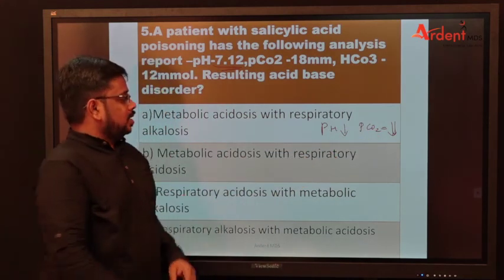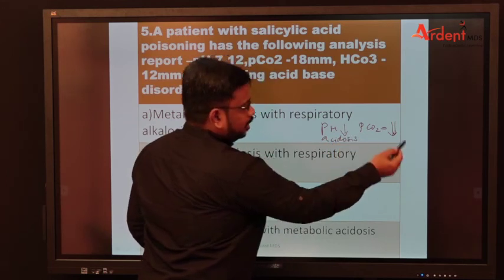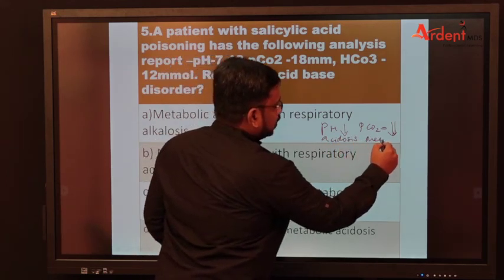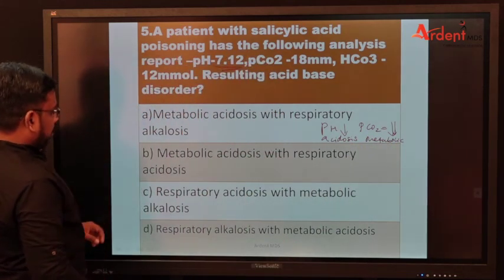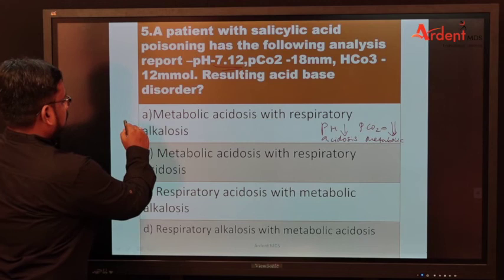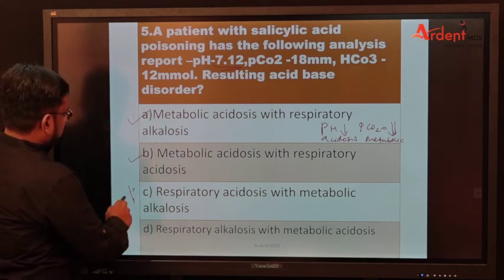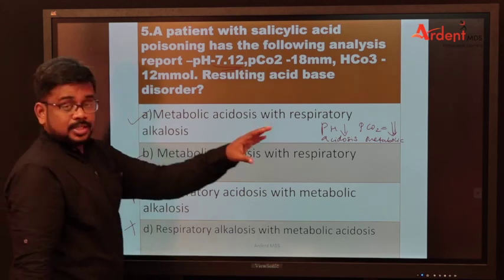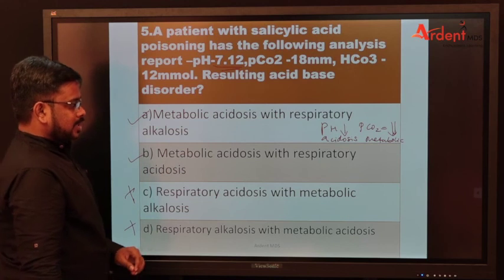So it is an acidosis. First step, because both are decreased, we can go for metabolic acidosis. So you can go for either the first option or the second option. You can skip the third and fourth options because the arrows are in the same direction. So metabolic acidosis. Second option also metabolic acidosis.